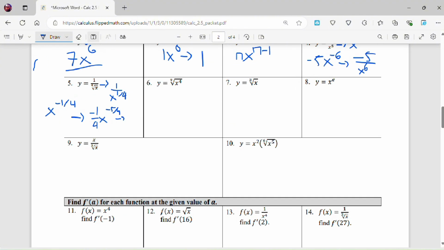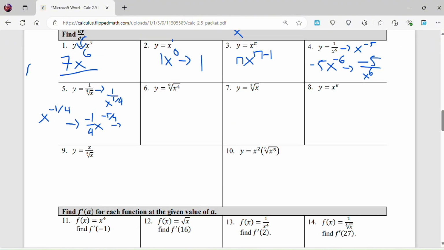Next problem. We have y equals the ninth root of x to the 4th. So remember how to convert a radical, a root, into an exponent. The interior is going to be your numerator, and the outside is going to be your denominator. So x to the 4 over 9. Our 4 is inside, so it's going to be in the numerator.